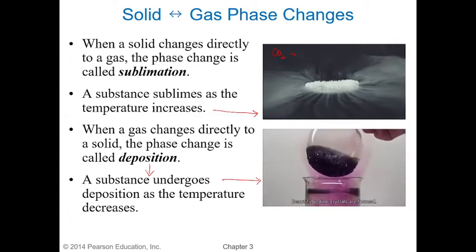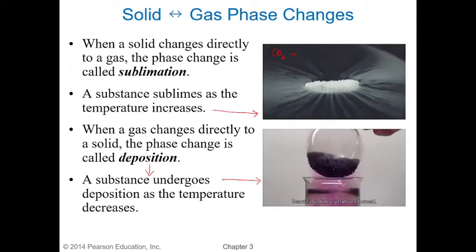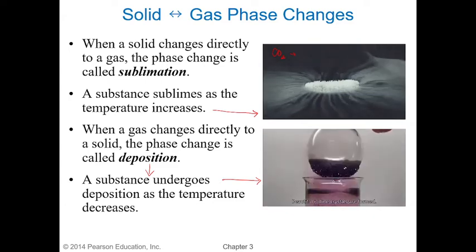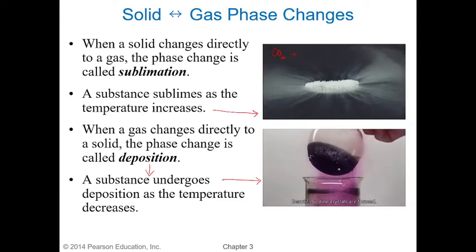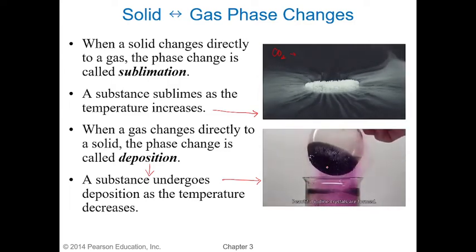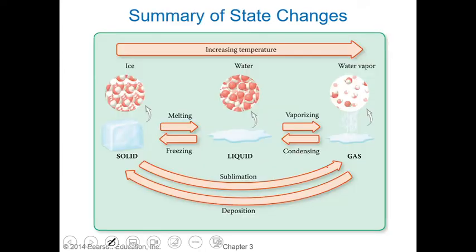Iodine, this one, the purple fumes, as you can see, is slowly deposited on the surface of this round bottom glass. So from gas, it became solid on the surface of your round bottom glass. Okay? So these are your different phase changes.